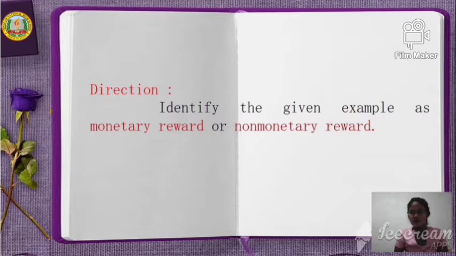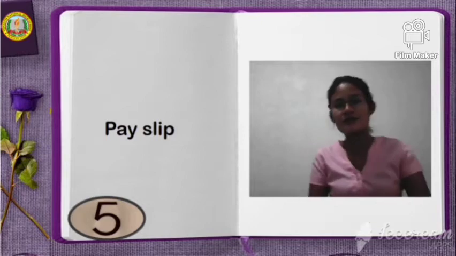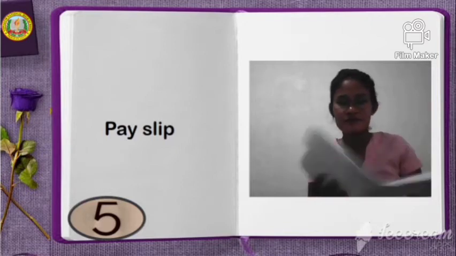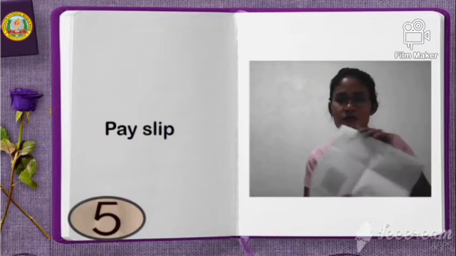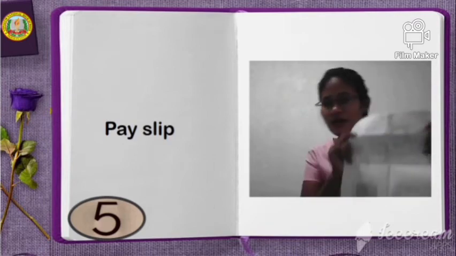What you are going to do is identify the objects that I'll be presenting as either monetary reward or non-monetary reward. By the way, I'll be giving you 15 seconds only to think and write your answers.